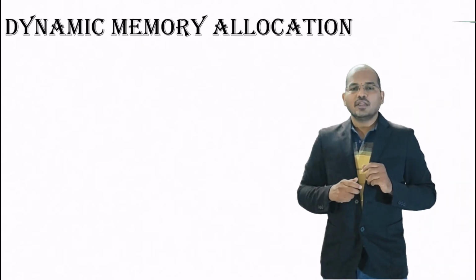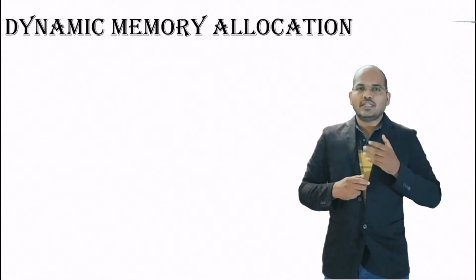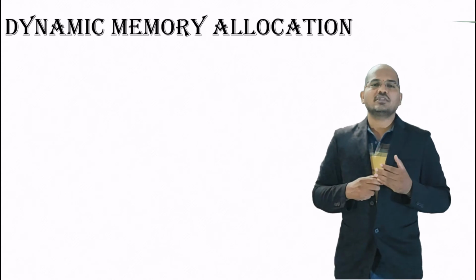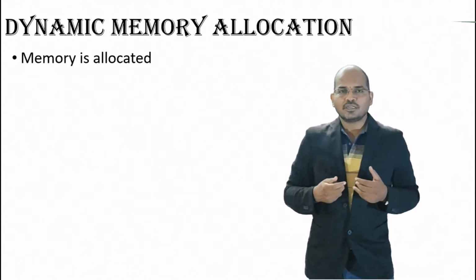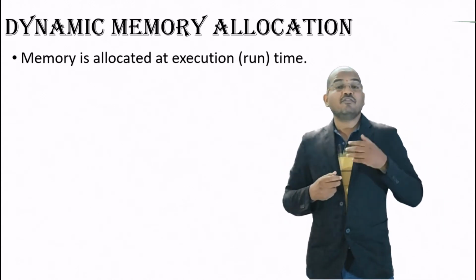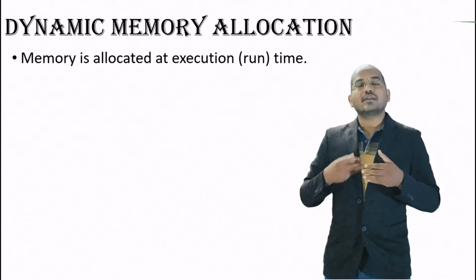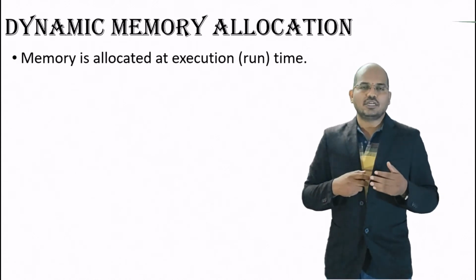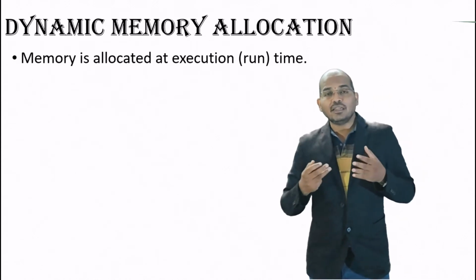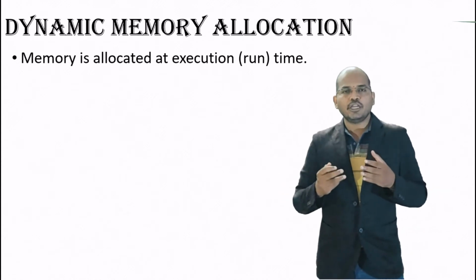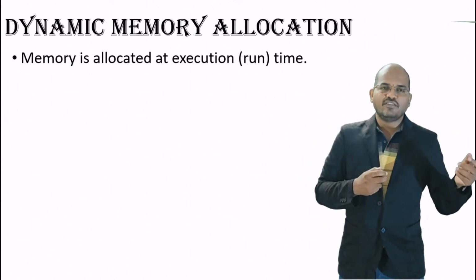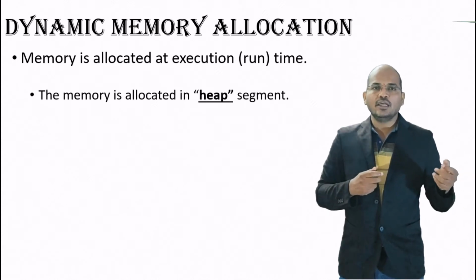Now, moving ahead. Let us speak about the concept called dynamic memory allocation. Now, what is dynamic memory allocation? It is a concept where we allocate memory at runtime or at execution time. It means that the compiler does not know how much memory is to be allocated to the defined variables. Clear that?